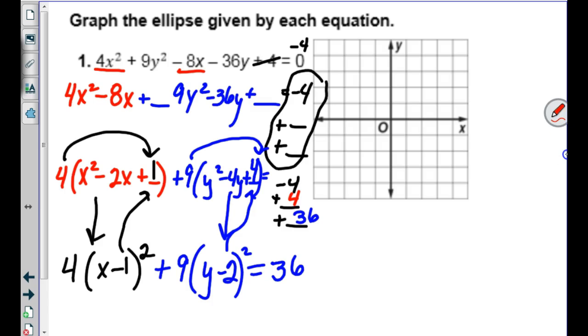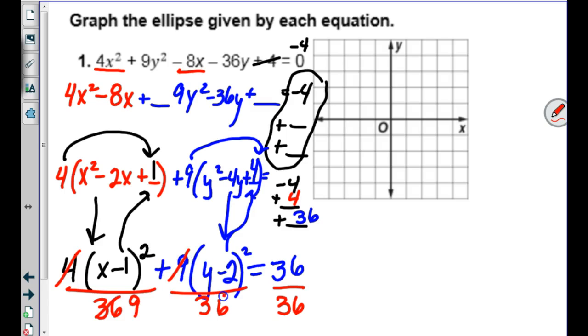Okay. What is the only numeral in the formula for these ellipse things? 1. They have to equal 1. So what do I need to divide by to make this equal 1? Okay, so this 4 reduces into 36 9 times.